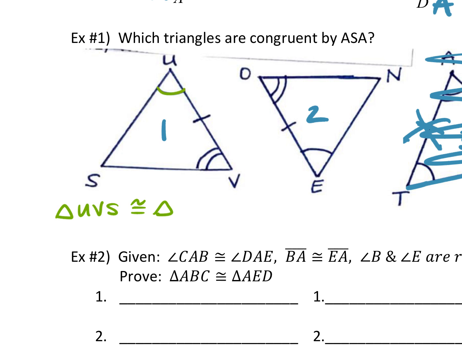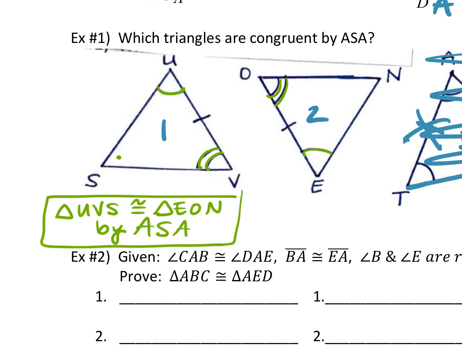So I went from one arc to two arcs to no arc, UVS. That means on my other one, I have to go from one arc to two, so EO to none, N. Okay, so we would say triangle UVS is congruent to triangle EON by angle, side, angle, and that would be your congruent statement. Questions on that?